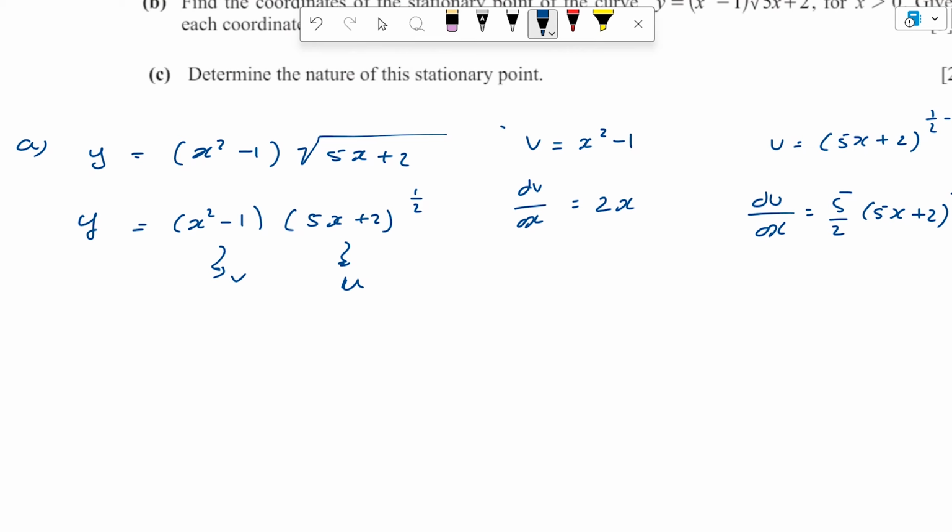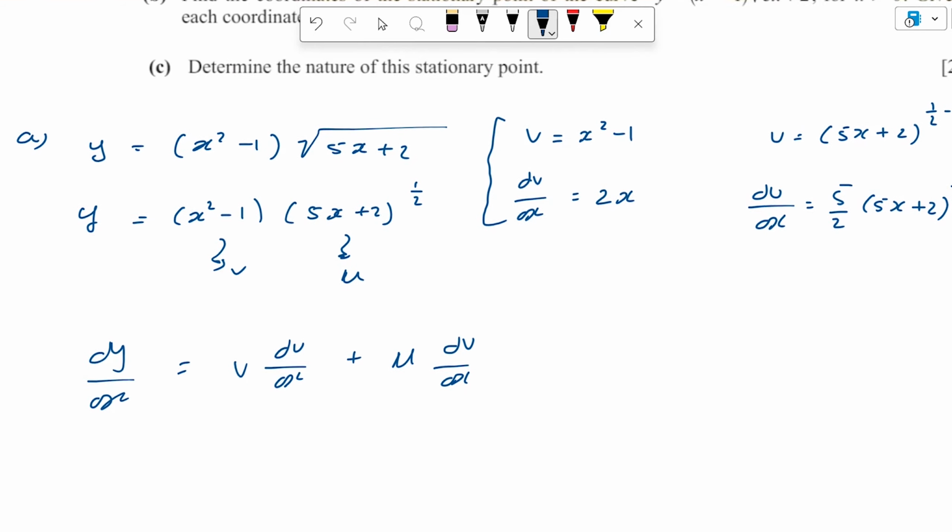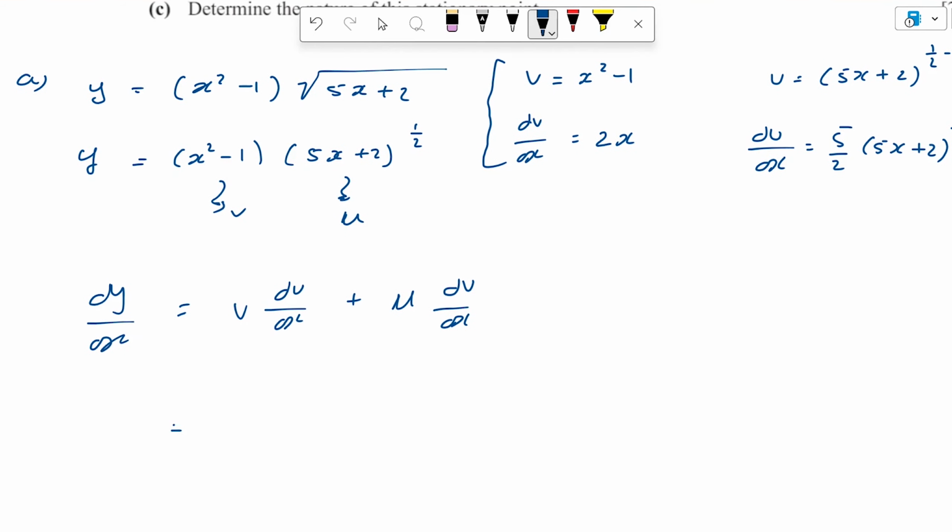Okay, so now we've found our v and u, we can now rewrite the equation for the product rule, which is dy over dx is equal to v du over dx plus u dv over dx. Now, we simply need to plug in everything into our equation. Let's do that.